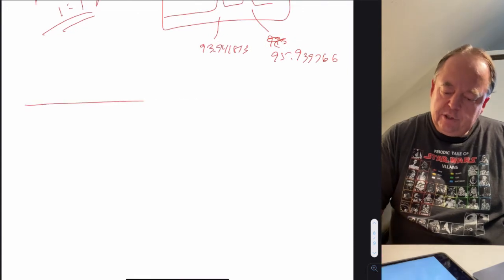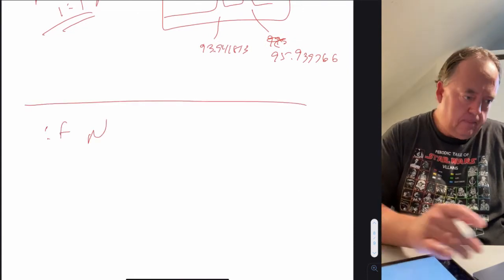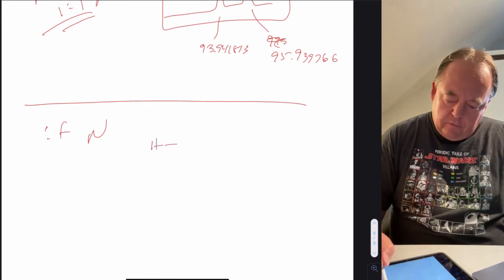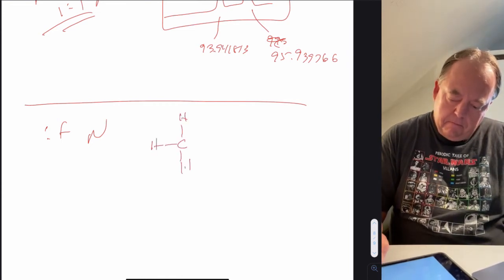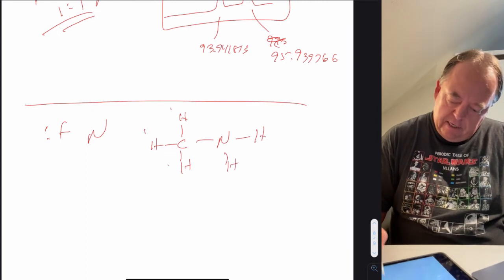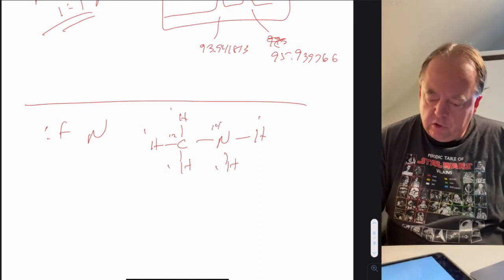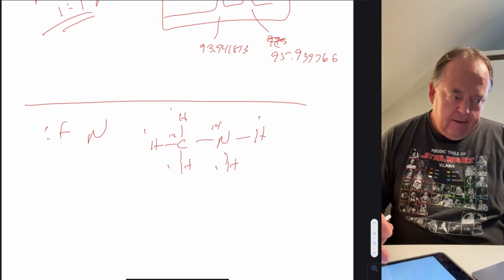So what if you have a nitrogen in your molecule? If we had this molecule, for example, and we take the main isotope of hydrogen, the main isotope of carbon, and nitrogen, the main isotope is nitrogen 14.